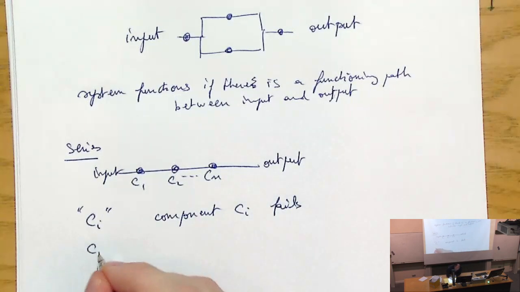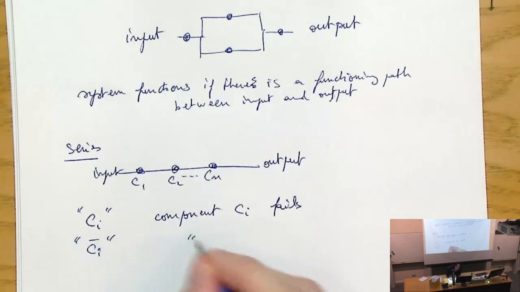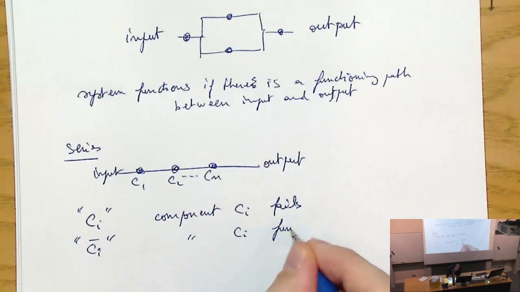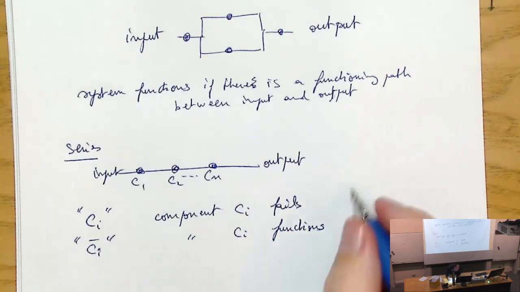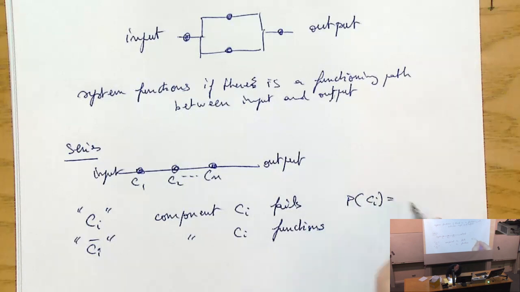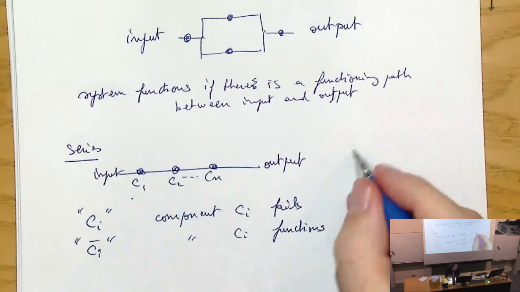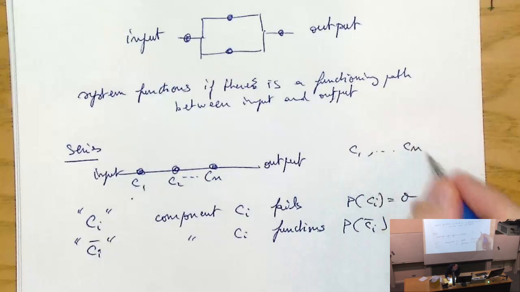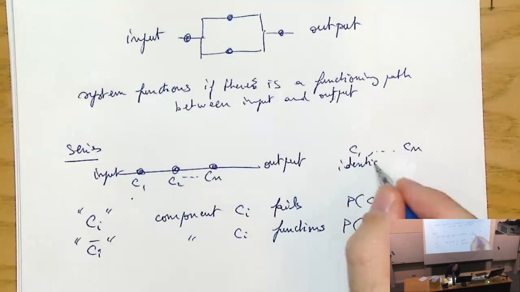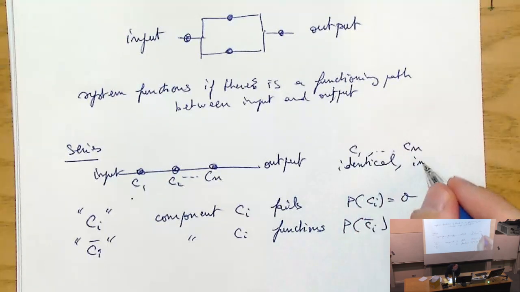When I write the complement of Ci, it means the component Ci functions, and this can happen with a certain probability. So the probability of Ci functioning can be called theta, and Ci not functioning is 1 minus theta. They're all identical, and they all behave independently from each other.